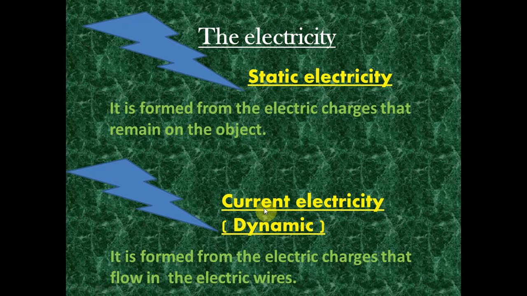But in current electricity, the electric charges flow or move inside the electric wires. When they move in the wires, they make the devices work. So this is the type of electricity that we can use to make the devices work. It's called current electricity or dynamic electricity.